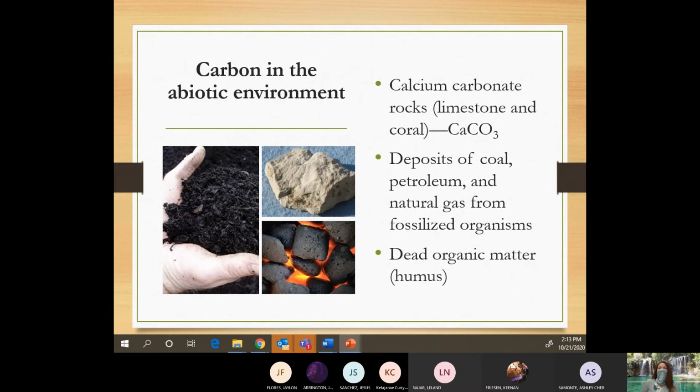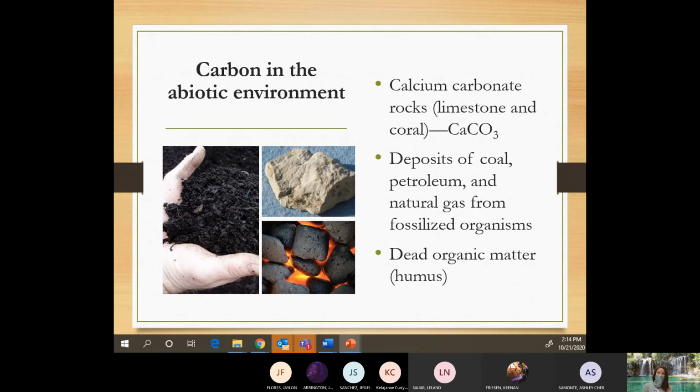So the carbon in the abiotic environment, so biotic was living, abiotic is non-living. That is your rocks, calcium carbonate, limestone, and coral. You have a bunch of limestone here in Colorado because this used to be ocean a long time ago. That's where some of your sandstone comes from as well.